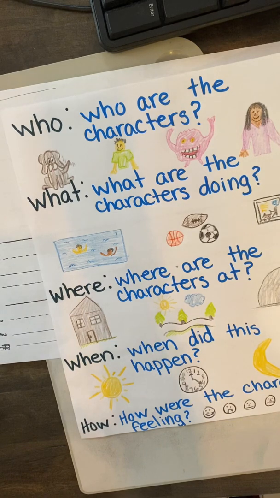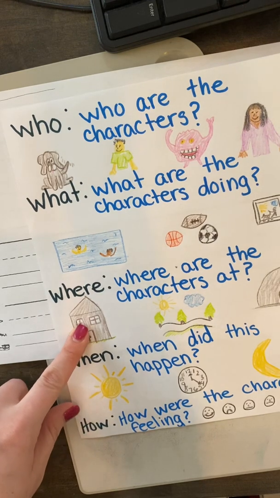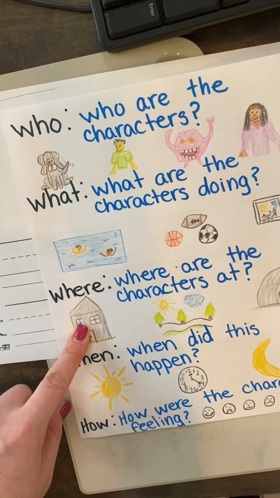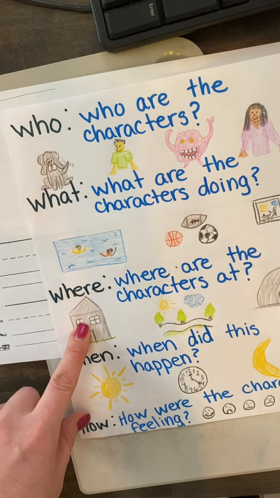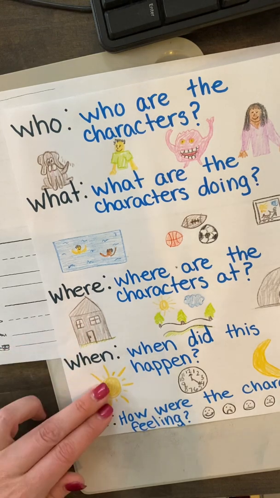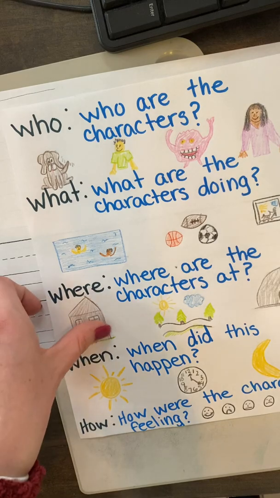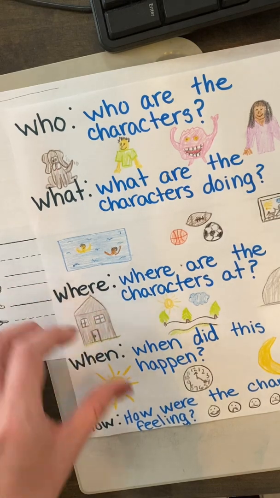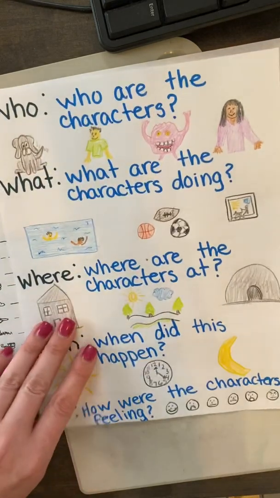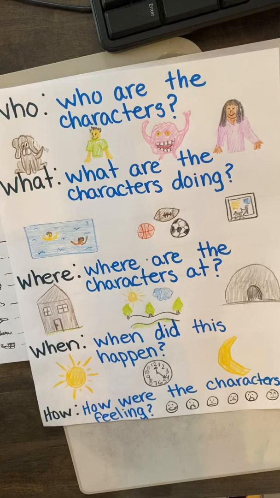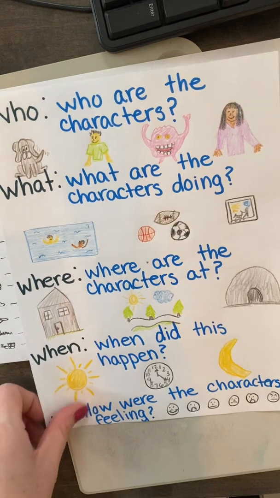Pete sang about his buttons. Where was he at? Yeah, so he was outside, and when did it happen? Throughout the day, right? And how was he feeling? Well, many times throughout the story it said groovy. So I'm going to say that Pete felt groovy.